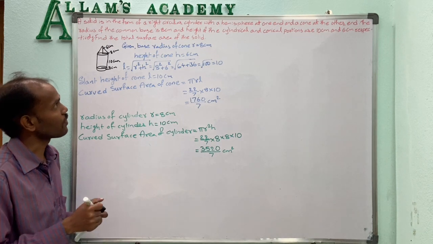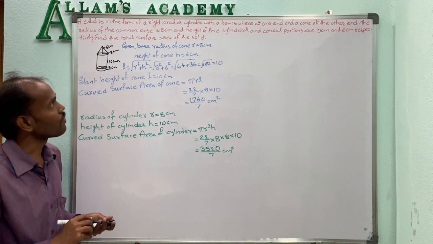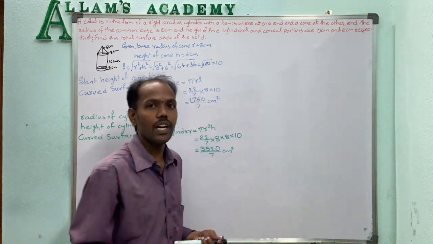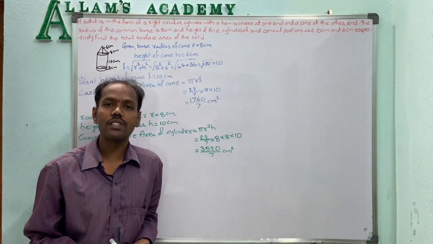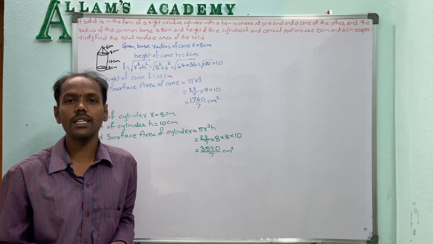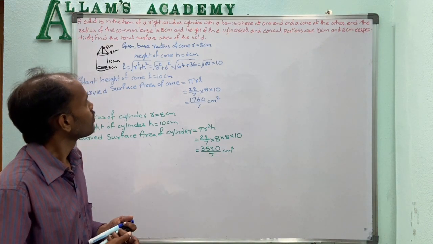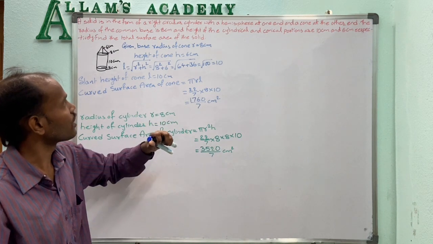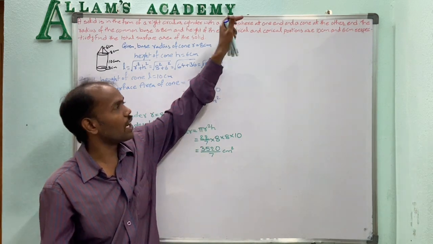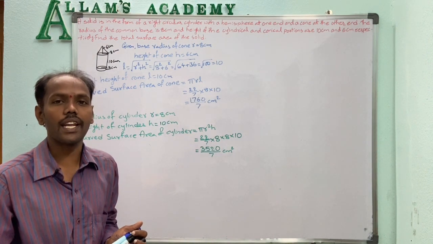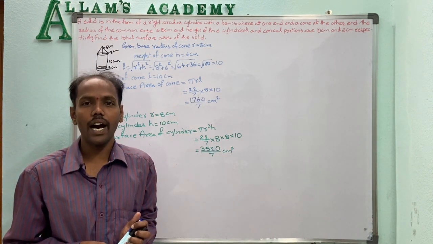Next, we have to find the curved surface area of the hemisphere; the cone one we already found. The curved surface area of a hemisphere is 2 pi r square.